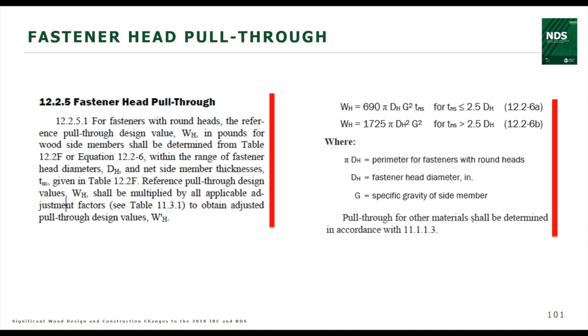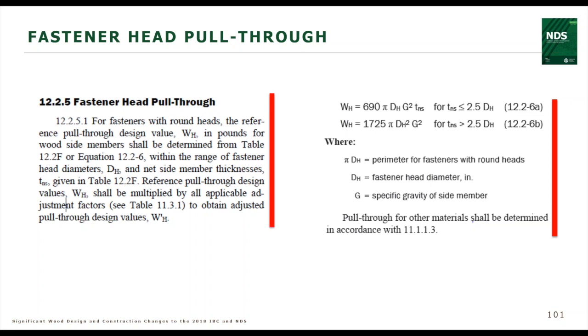The specific gravity of the lumber, or of the material, whatever your side member is, it might not necessarily be the lumber, but the specific gravity of the side member, and then the net side member thickness. So these are all of the variables that these equations for head pull-through are based on.